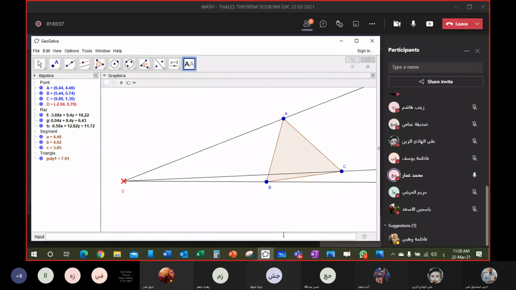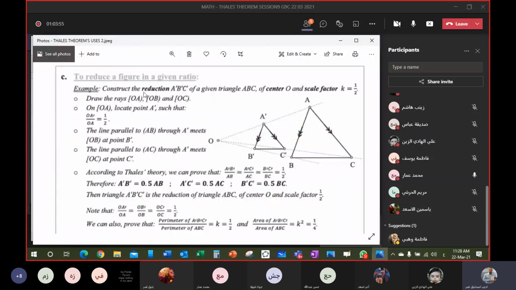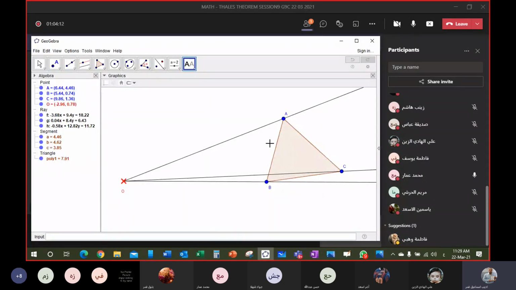First step. Draw the triangle ABC. We want to reduce this triangle ABC to A prime, B prime, C prime by a scale factor K equal 1 over 2 and center of reduction O. Okay, first step now we draw the triangle ABC.